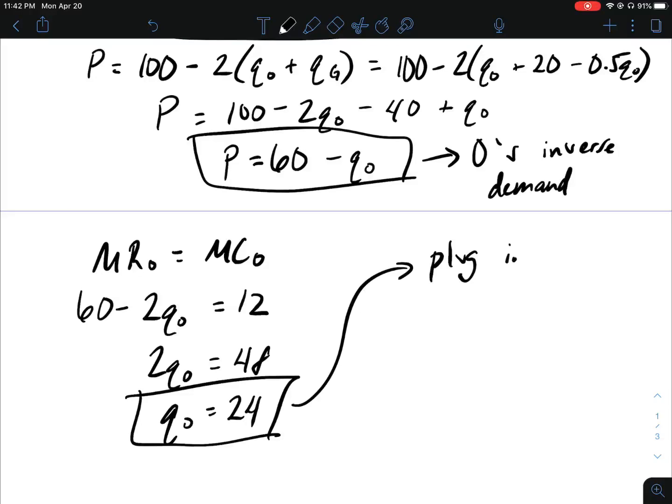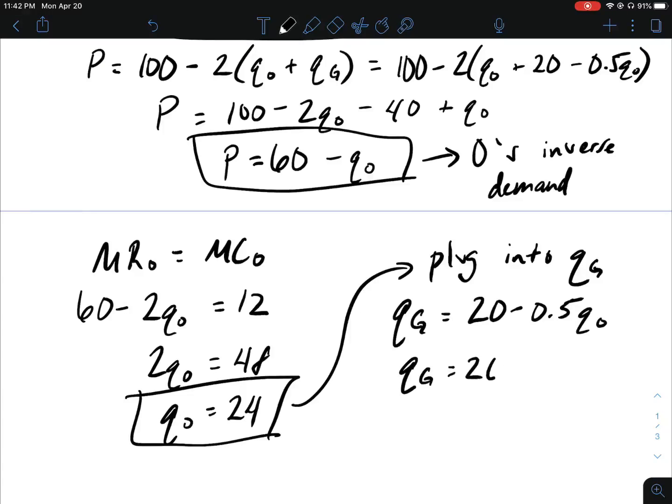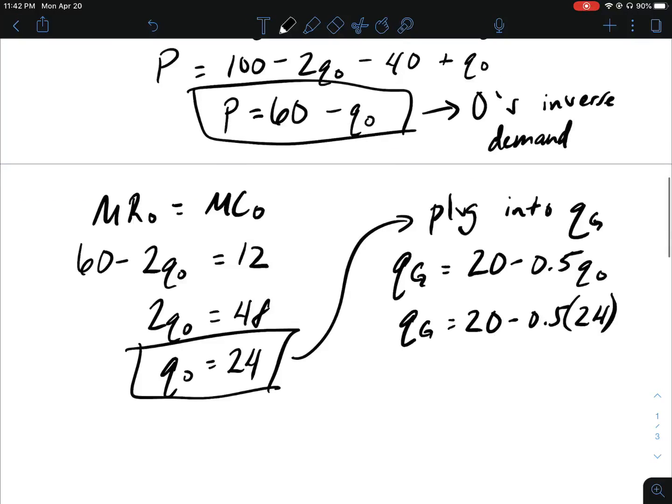Let's plug that into our reaction function for Grease Tech. So we have QG equals 20 minus 0.5 QO. QG equals 20 minus 0.5 times 24. And so QG equals 8.